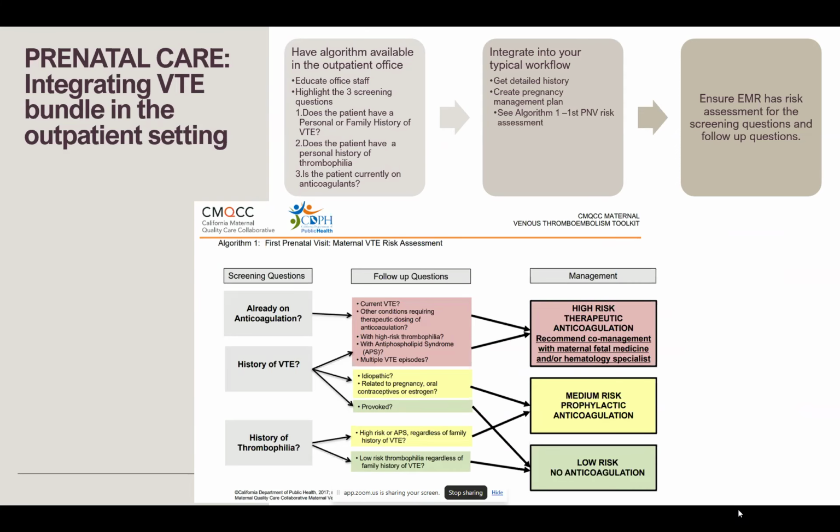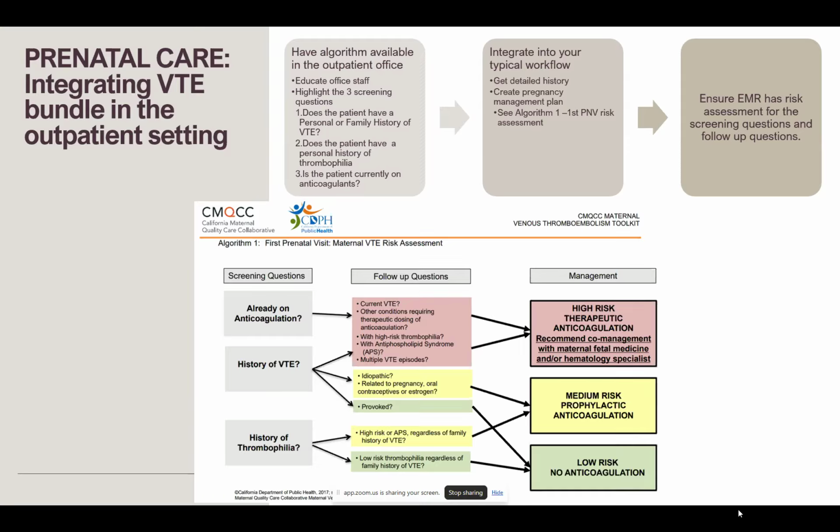So I brought back up the algorithm from the first prenatal visit. And what is recommended from CMQCC's standpoint is that this algorithm should be available in the outpatient office, that all of the office staff, so your check-in staff, if they have a patient who calls and says, well, I have a history of this and I need to get an appointment, that is flagged somehow, that your nursing staff and the provider staff, and there's really the highlight of those top three questions.